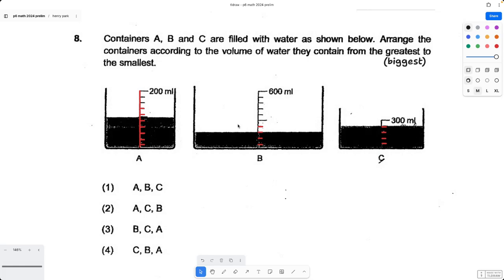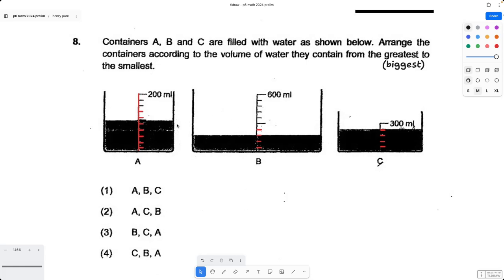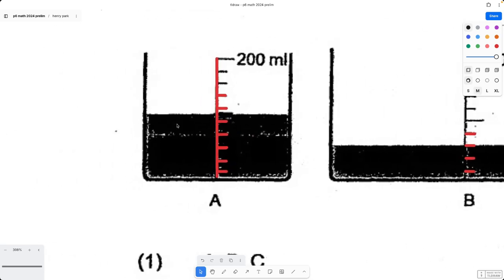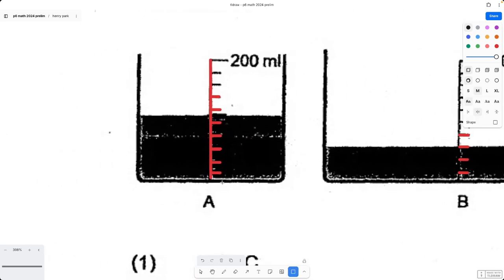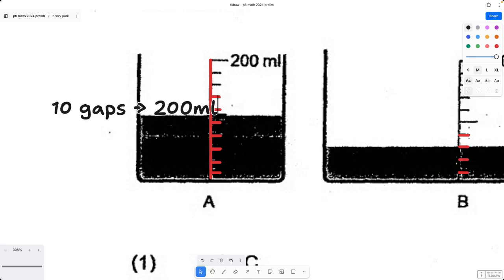Let's measure. Let's count gaps for each individual beaker. Let me put it in red. We have 1, 2, 3, 4, 5, 6, 7, 8, 9, and then 10. So in this case, we have 10 gaps equal to 200 milliliters.